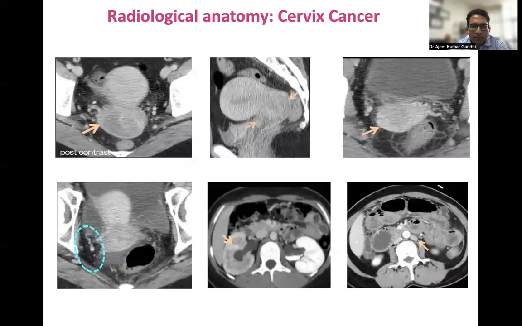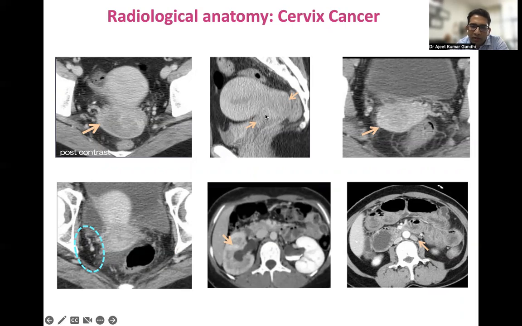Now, in the presence of cervical cancer, the tumor itself will generally be either iso-intense or of low signal intensity as compared to the normal cervix. So it would appear in this case as a hyper-enhancing myometrium and central endometrial component.